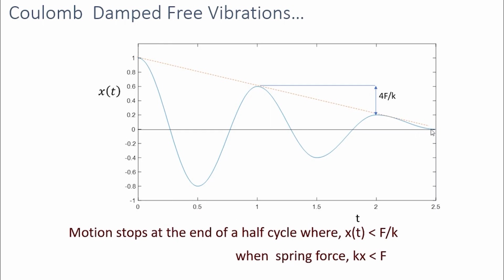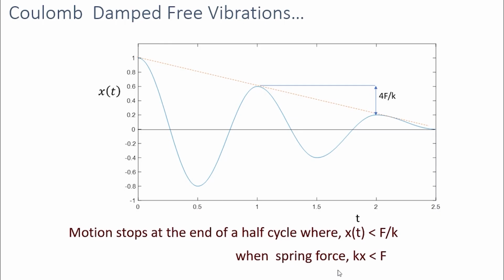At the beginning or at the end of a half cycle, if the displacement response is less than F/k, then the motion stops completely, because the next half cycle will not be initiated. To initiate the next half cycle, we need a displacement response greater than F/k. If it is less than F/k, the motion will not be initiated. So the body stops moving.